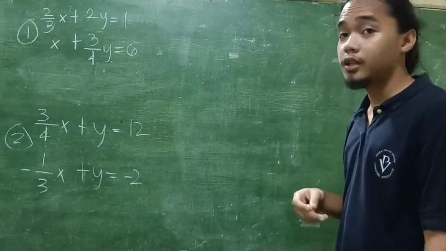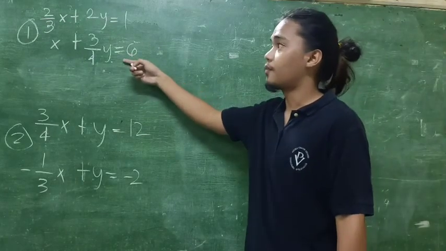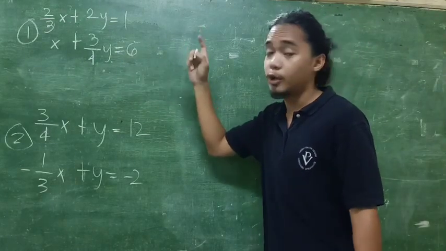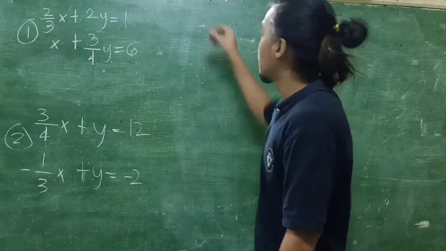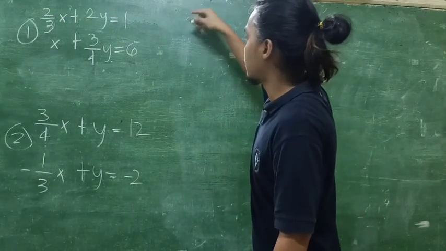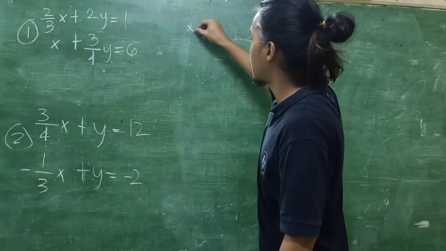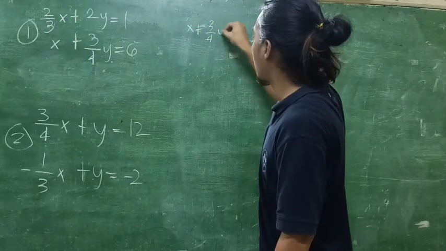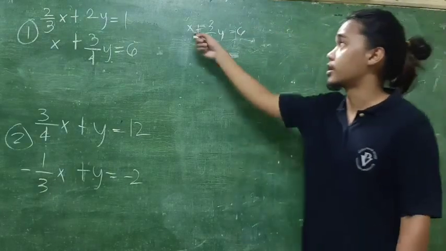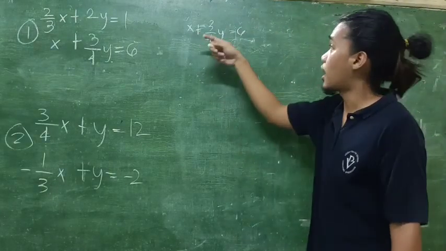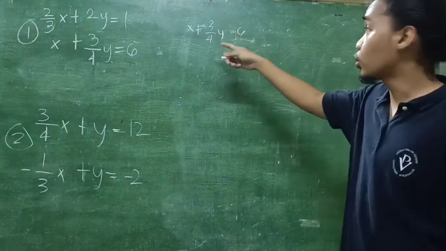So here I will take this equation and manipulate it for me to separate a variable. So x plus 3/4 y is equal to 6. I want to separate my x here, so I will transpose the 3/4 y to the other side.